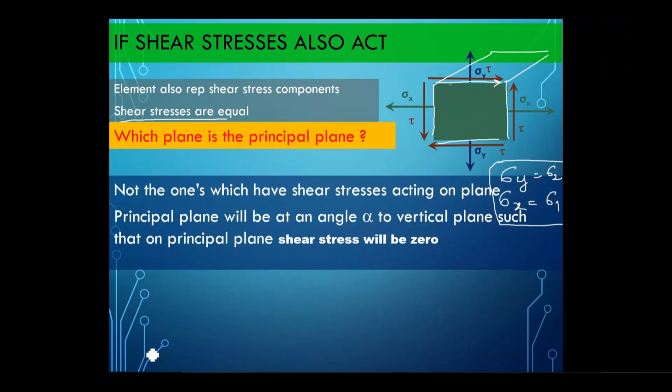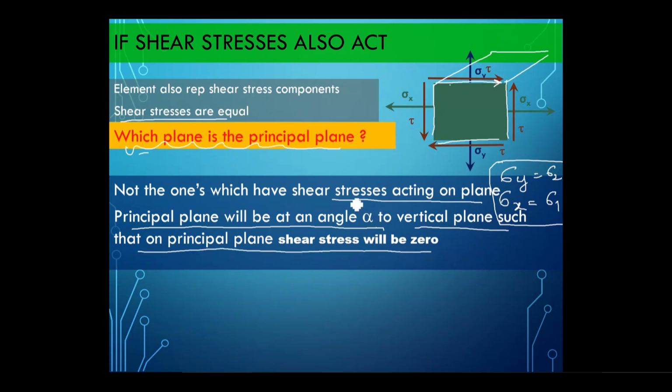So which plane is the principal plane then? अगर ये plane principal plane नहीं है तो फिर कौन सा plane है? Not the one which has shear stress acting on the plane. वो plane तो principal plane नहीं हो सकता. Principal plane will be at an angle alpha to the vertical plane such that on principal plane shear stresses would be zero.